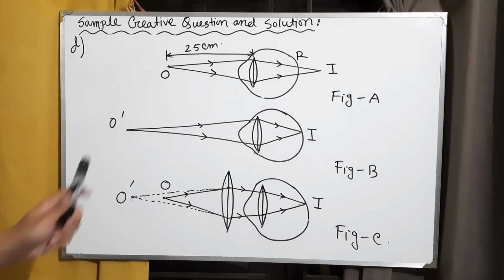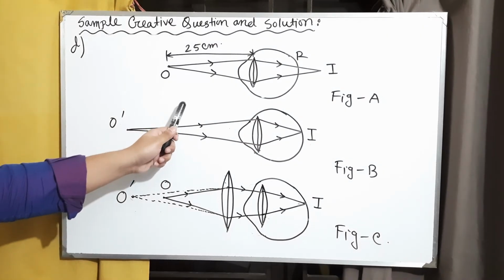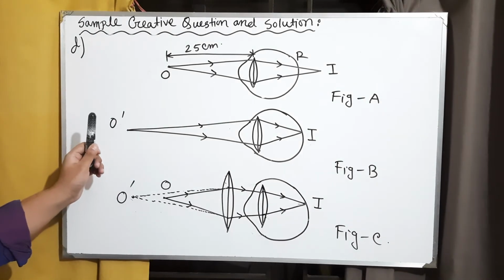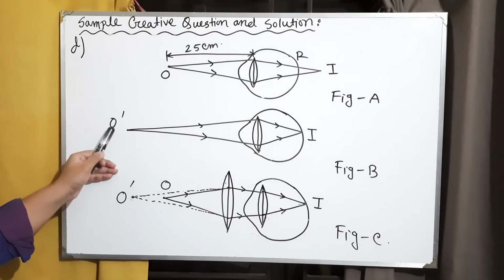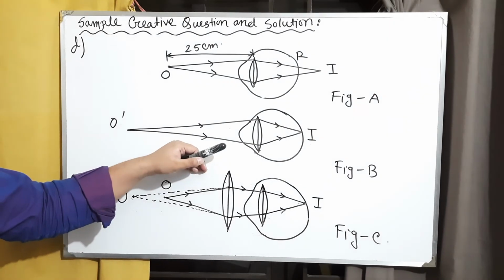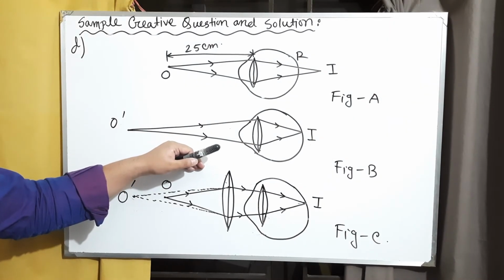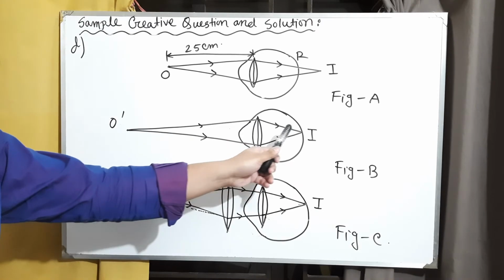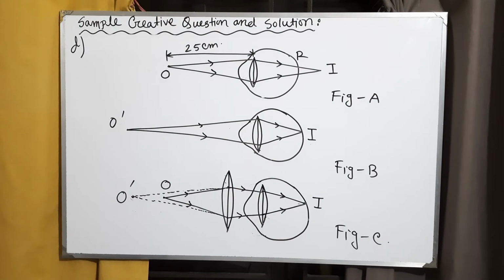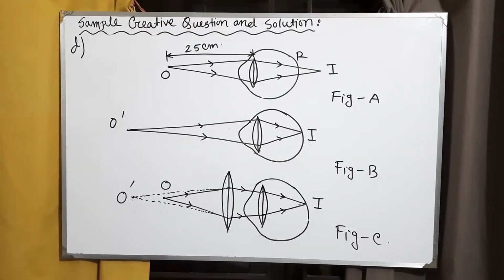So when the light ray comes from the O prime point, this type of defective eye can form an image on the retina of that eye. Then the defective eye holder can realize the image of this object.